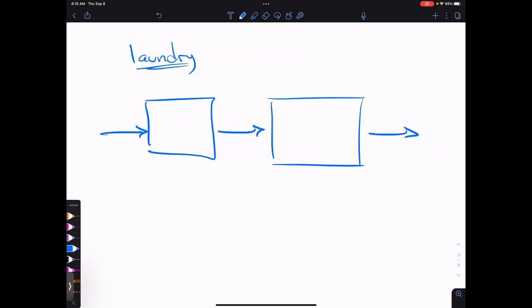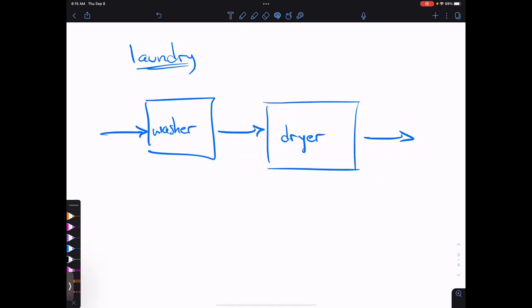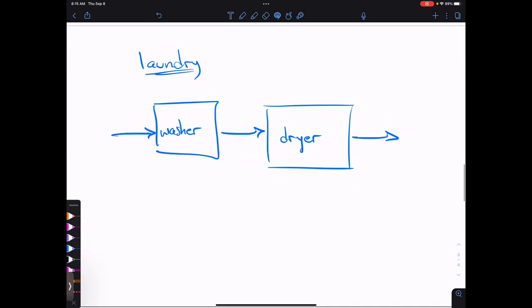Close the washer, then from the washer to the dryer. Yeah, okay. So our two functions, our two machines that are doing things, are a washing machine and a dryer, or a clothesline or whatever. Some process by which they get cleaned and then dried.